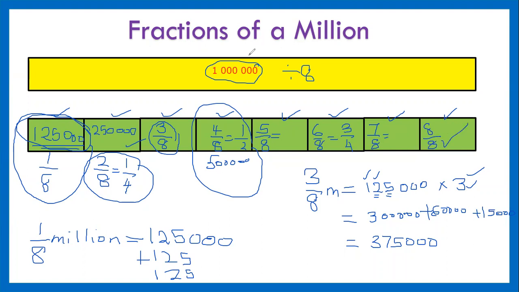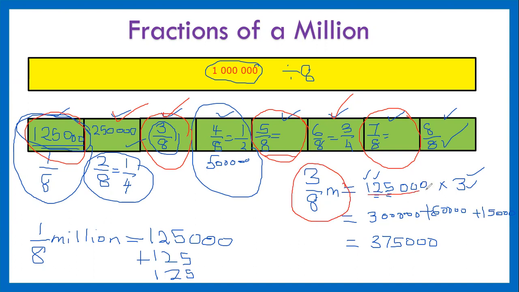So over here, this is your basic number. Then 3 over 8 is kind of special. 5 over 8 is special. 7 over 8 is special. The rest of these fractions can be simplified. So how do you calculate 5 over 8 million? In the same manner you did for 3 over 8 million.